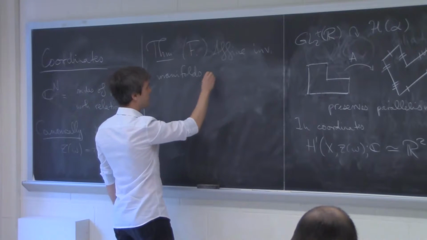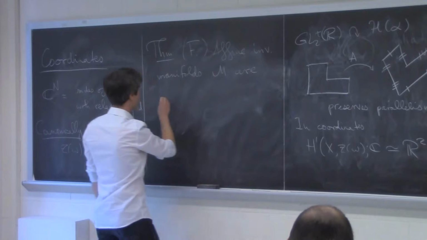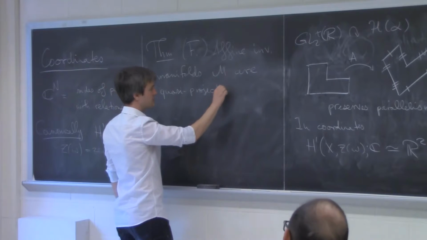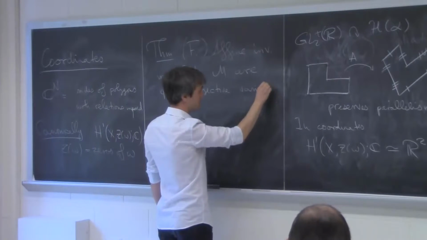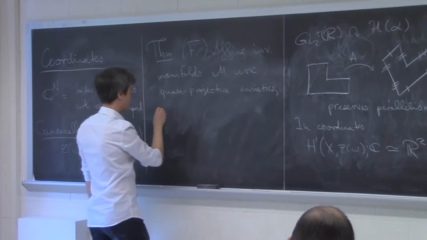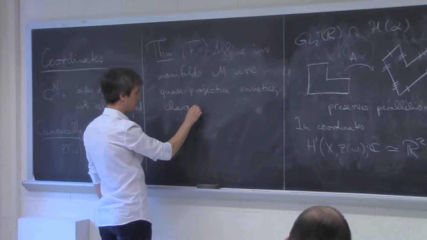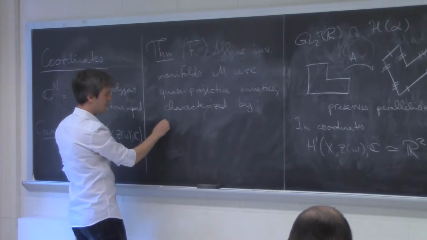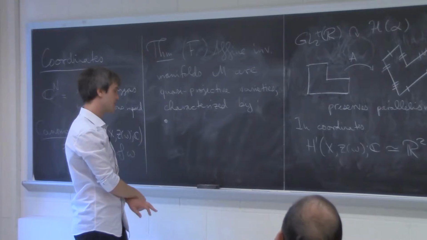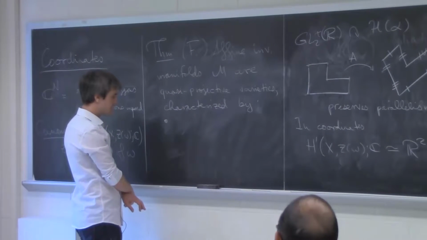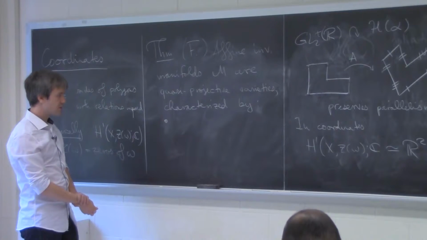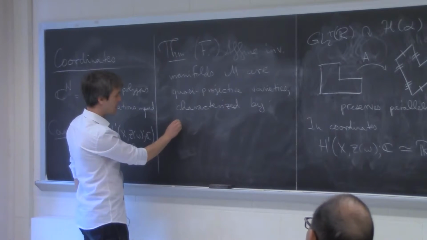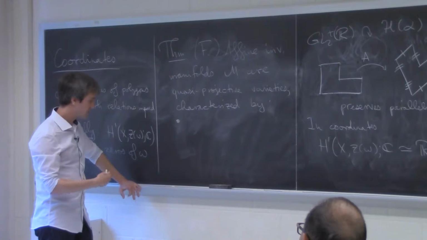So these affine invariant manifolds M are, first of all, themselves quasi-projective varieties. So in this algebro-geometric setting, there's a way to describe them algebraically, and they're characterized by some conditions. Anytime you find some variety which satisfies these conditions, then it occurs as one of these affine manifolds. I'm going to be a little vague about the conditions because they're a little technical to state, and they might not be so familiar.